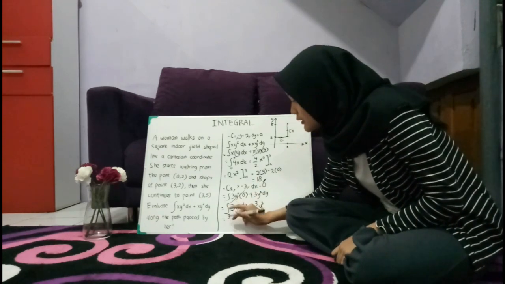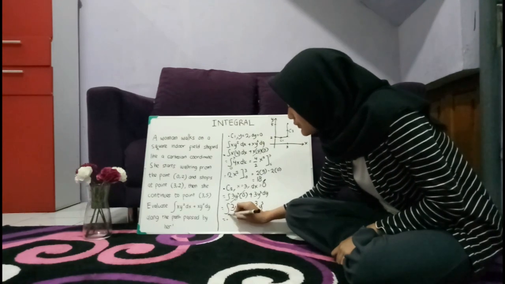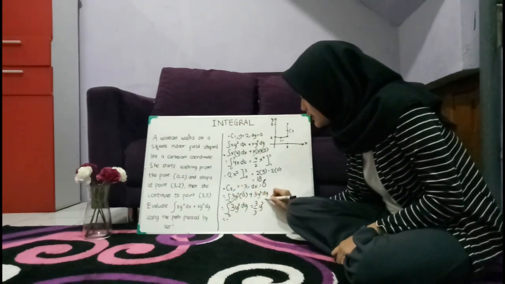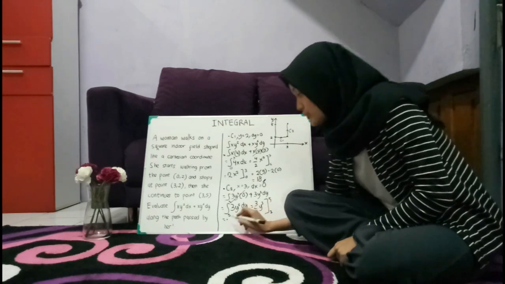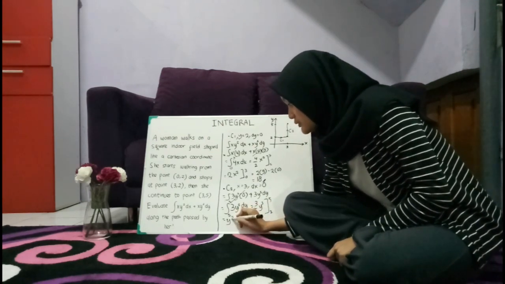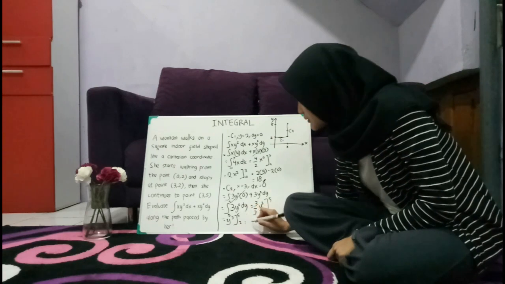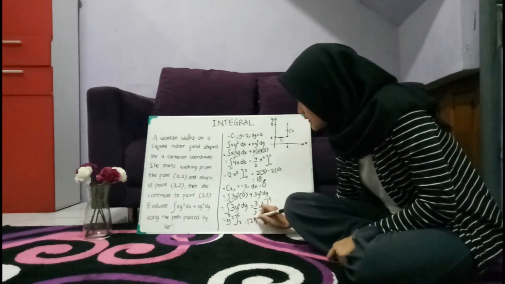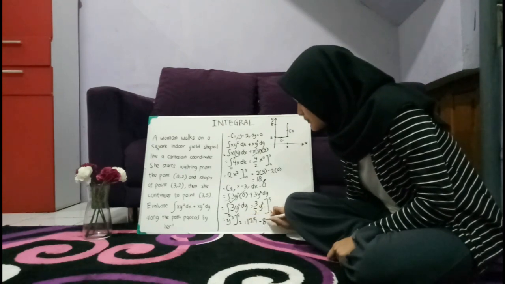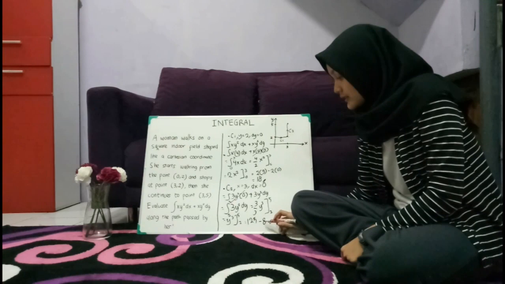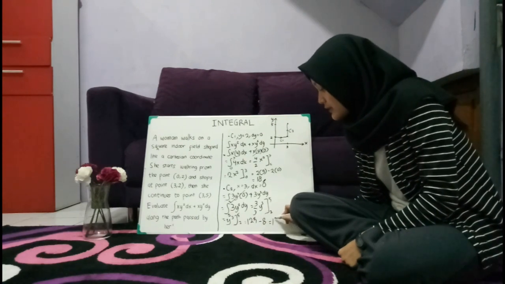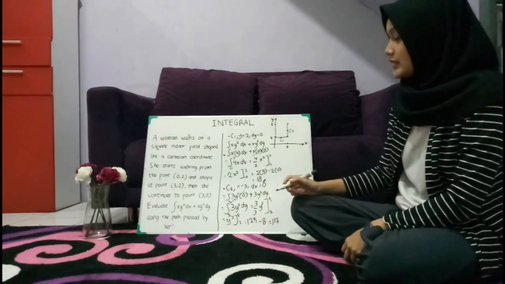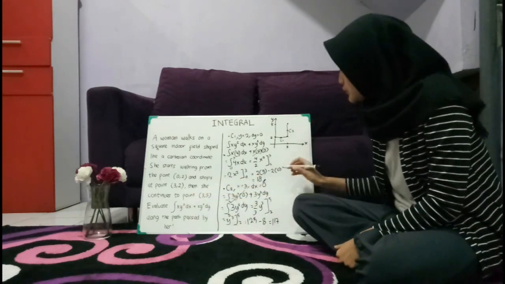So the integral is from 2 until 5, and then we substitute again. 3/3 means 1, so we don't have to write it, just y³ from 2 to 5. Substituting, 5³ means 125, minus 2³ means 8, so 125 minus 8 is 117.